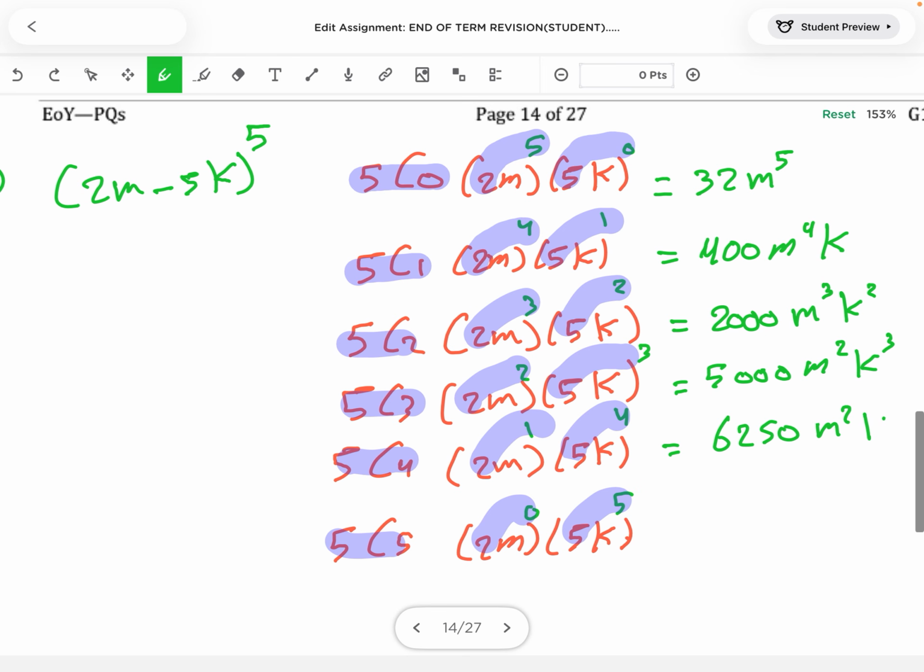Then 625 m k power 4. Well, last one, 3,125 k to the power 5.